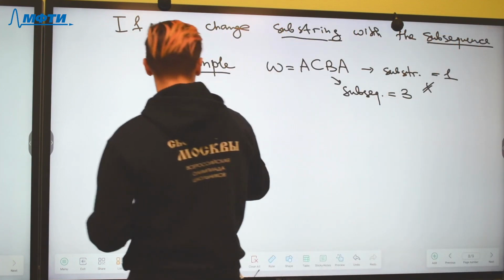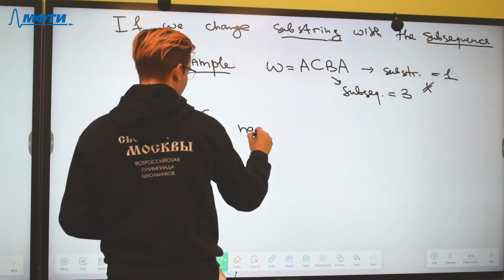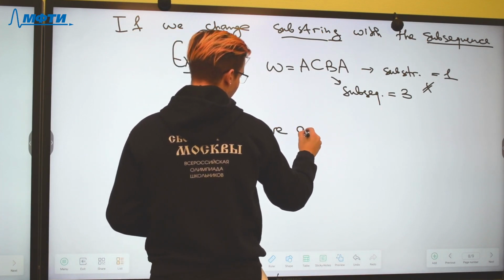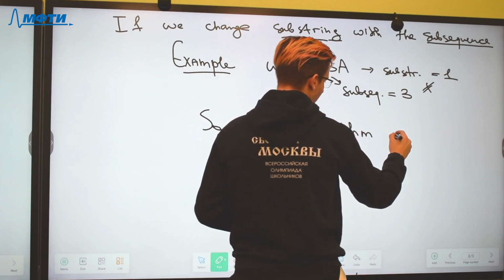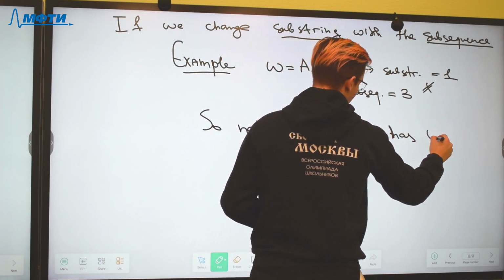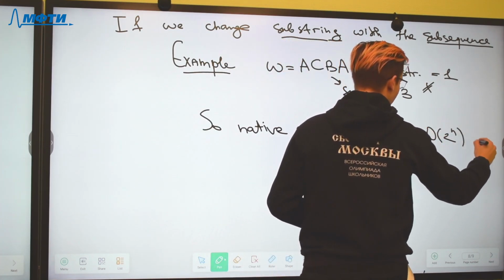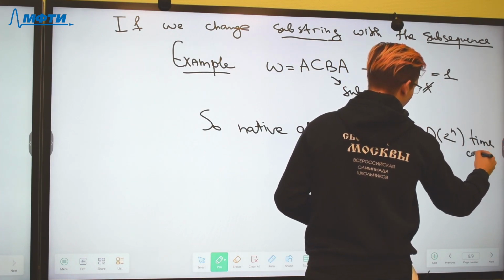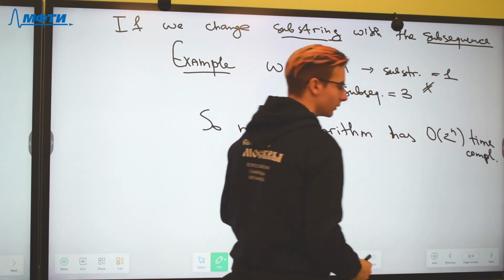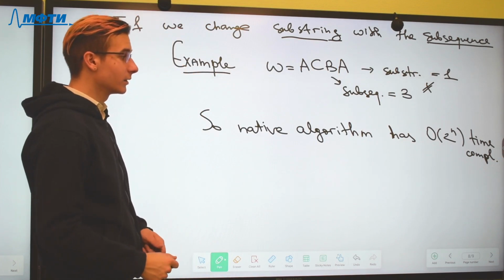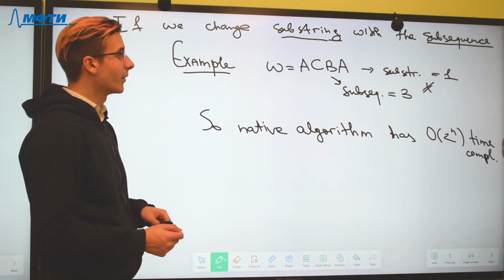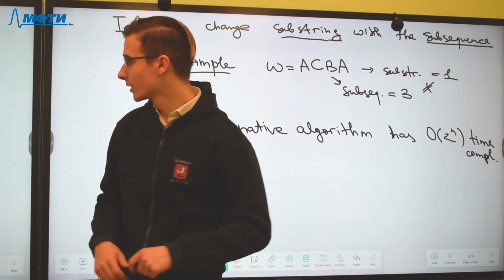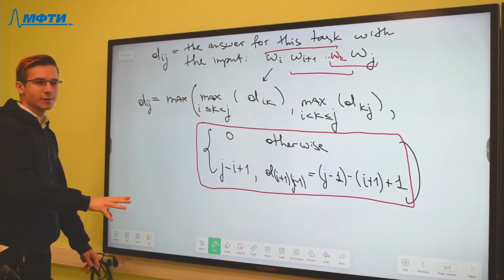And so the naive algorithm has O(2^n) time complexity. And it is exponential time. But for example, we can see here the recursive formulas.